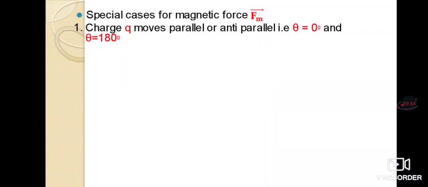Next, the special cases for the magnetic force Fm. What are the special cases? First one: if the charge q moves parallel or anti-parallel, parallel means theta is equal to 0 degree and anti-parallel means theta is equal to 180 degree.